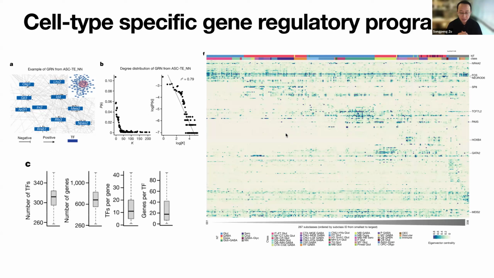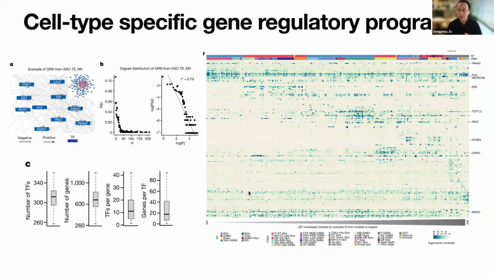In total in this program, we have used about 200 transcription factors. For each TF, shown here in each row, we can identify its important role in the gene regulatory network in one particular subclass, here in the columns.